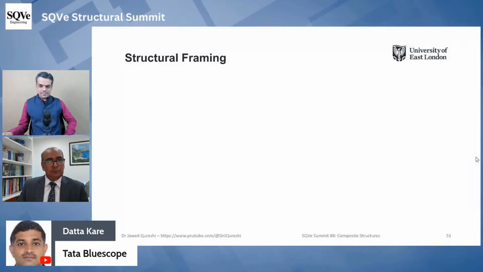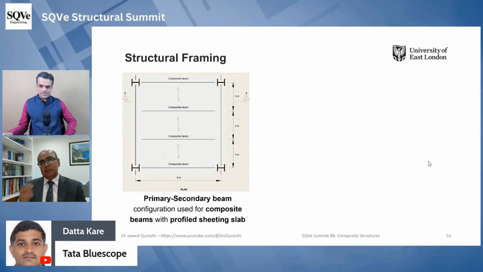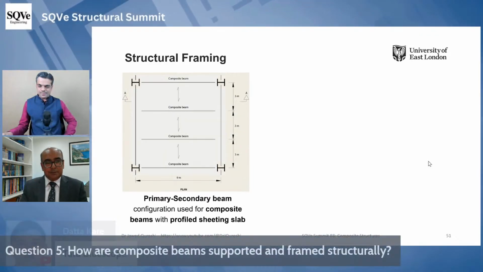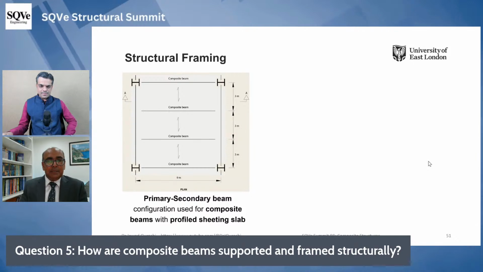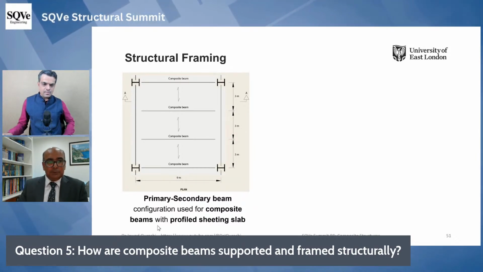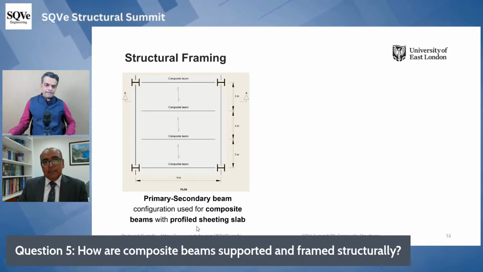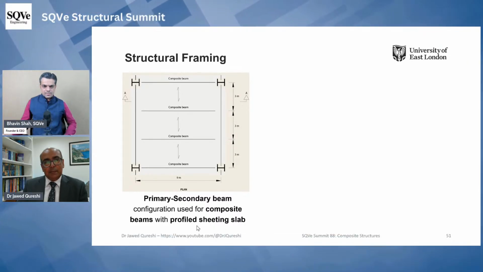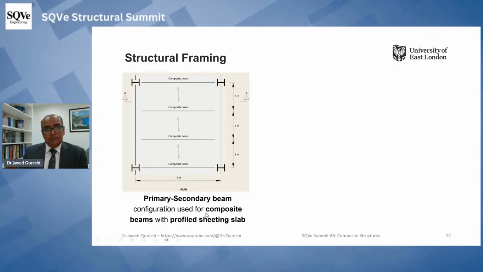Okay. So should I go with the answer to this question? Sure. Okay. Please. So we use two configurations. One is primary and secondary beam configuration for composite beams with profile sheeting. And typical floor grids are 7.5 by 12 or 6 by 9.